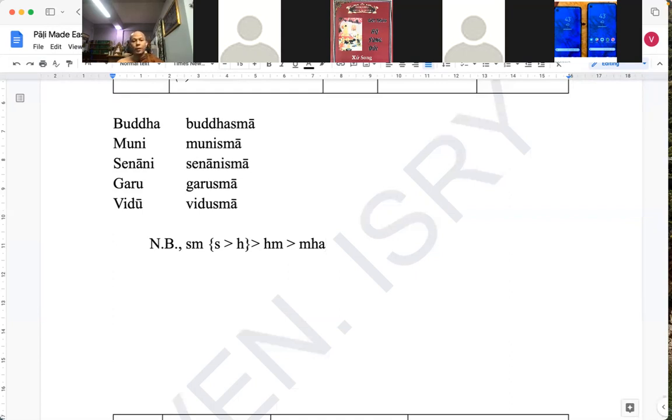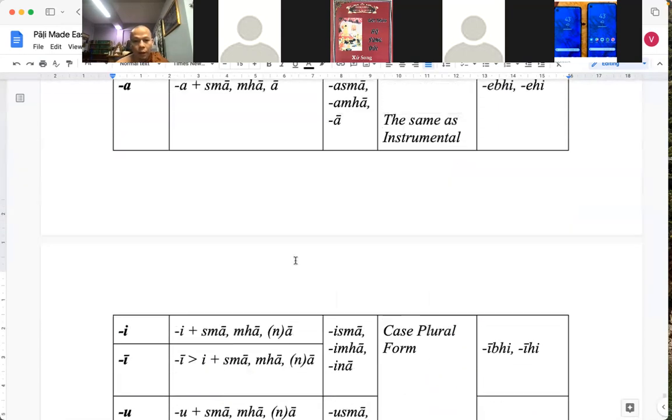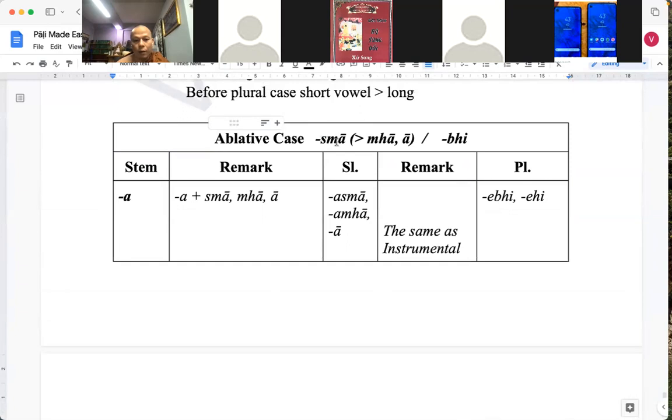Here also, in this construction sama, the initial sa is changed to ha firstly, and then ma and ha change their position. That is why the primary form is sama and the secondary form is ma.